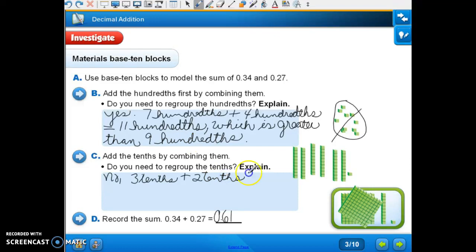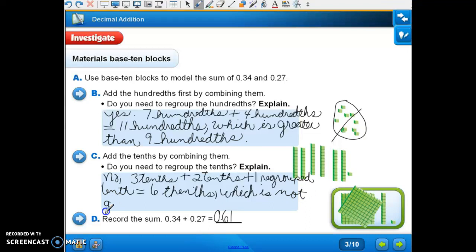So we have 1 more, plus 1 regrouped tenth, equals 6 tenths, which is not greater than 9 tenths.